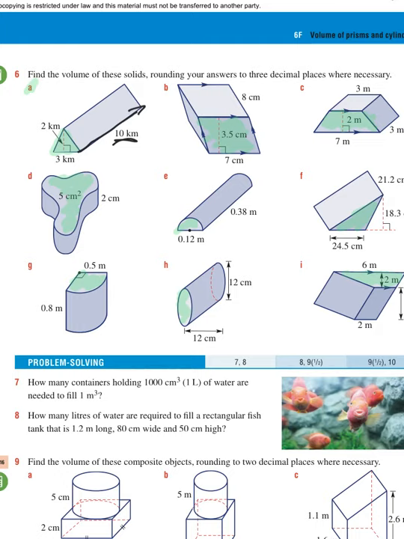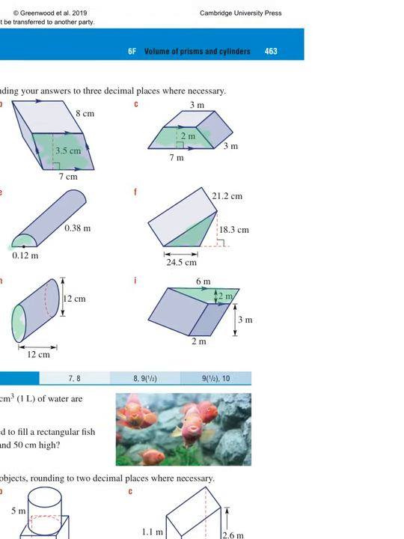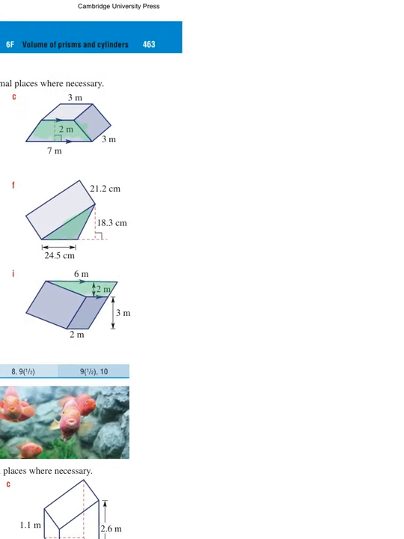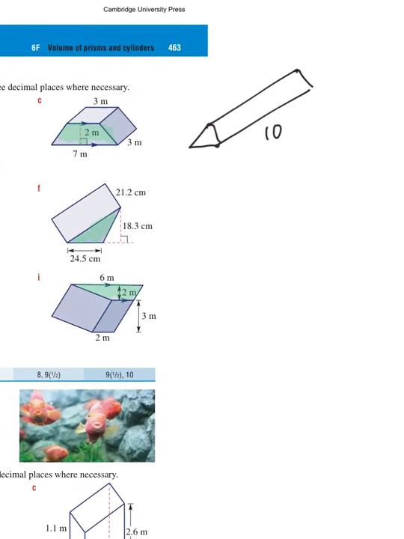So if we look at 6A, we've got the tent looking thing there. I'll bring it over to the right here. We have a tent, or a triangular prism. It had a height of 10, 10 kilometres.